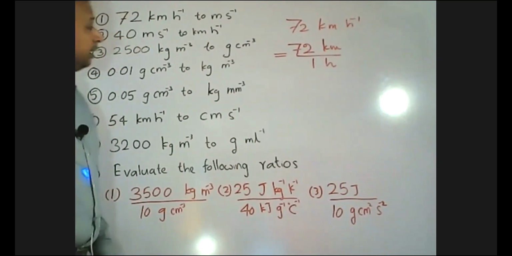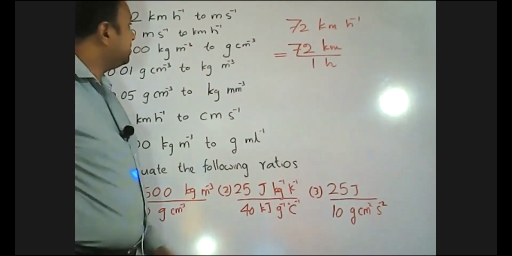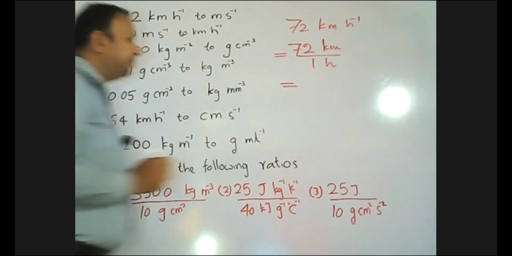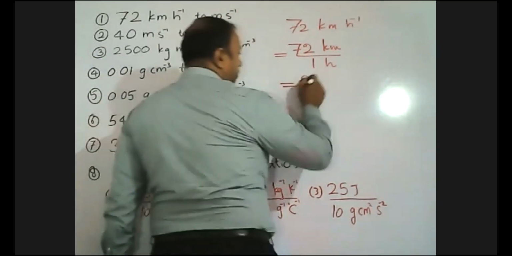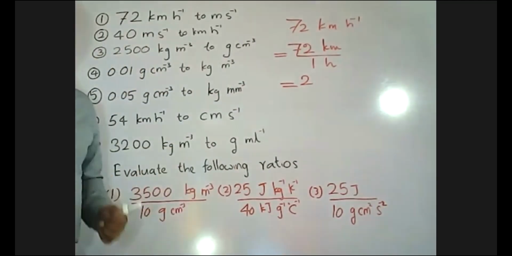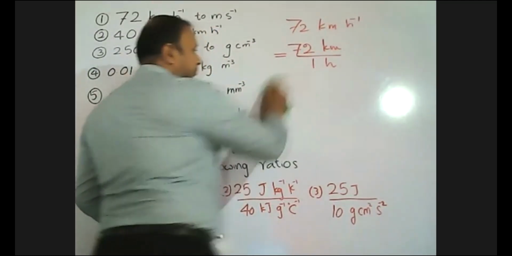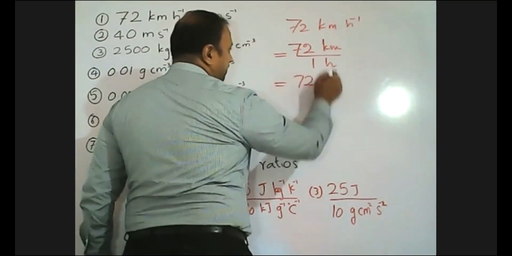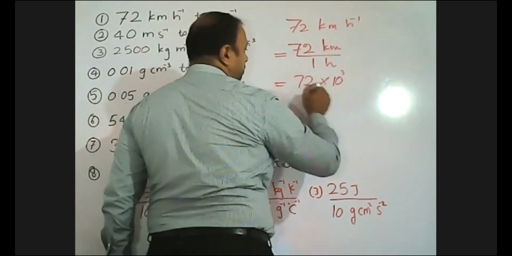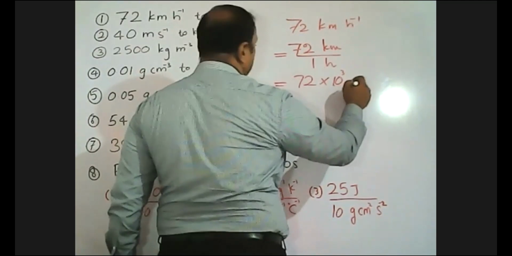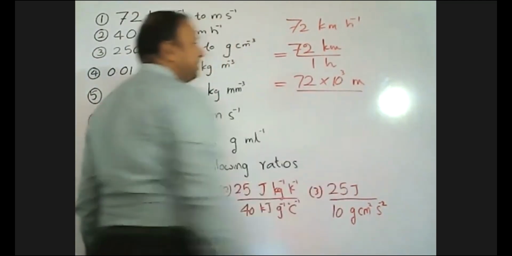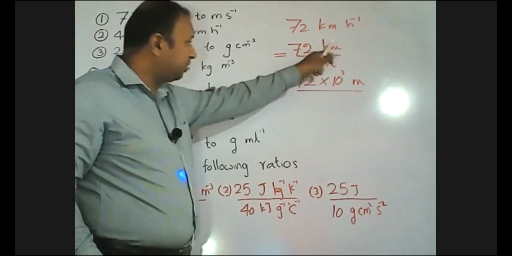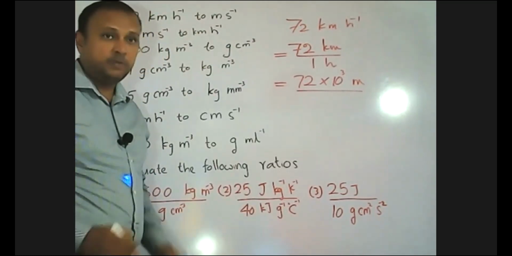Then we can convert kilometer into meter and hours into second. 72 kilometer means 72 into 10 to the power 3 meter. Kilo means 10 to the power 3, so I can use this prefix to convert kilometer to meter.